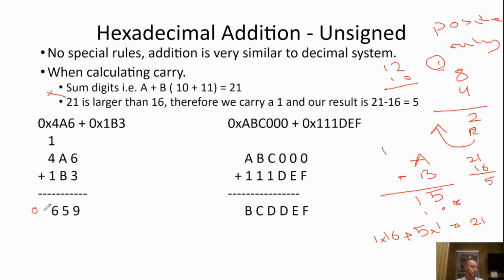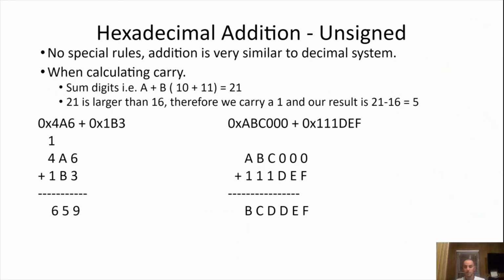And then here we have another example. The zeros, we just drop them. C plus 1 is D, B plus 1 is C, A plus 1 is B. So nothing out of the ordinary.